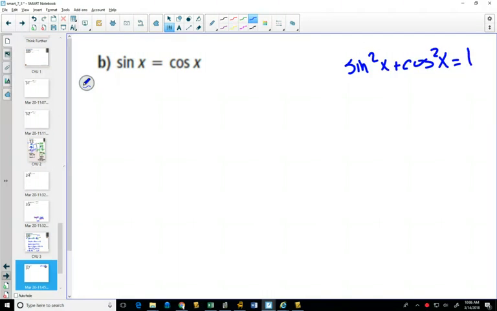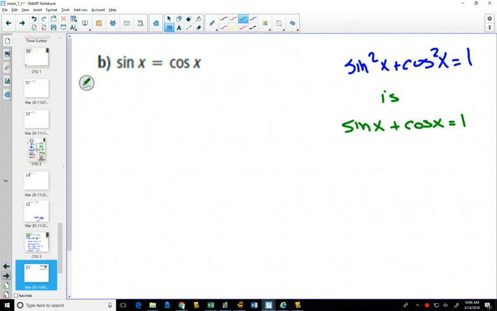The temptation is to do this. If sine squared plus cos squared is equal to 1, is sine x plus cos x equal 1? No. But you're going to be tempted to try to use that.